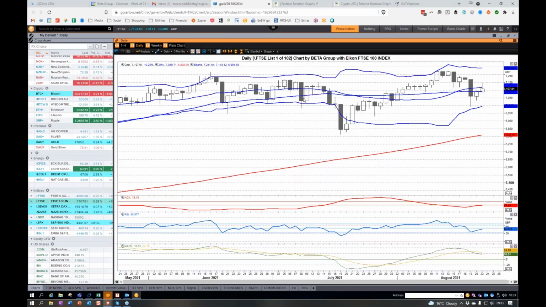On the daily chart, we're flat here, and we had quite a good sell-off during the week last week. It went down to below 7,000, picked up a bit of support at 7,000 itself, but this is a very unattractive market here. The ADX is 19. That's quite a high reading.